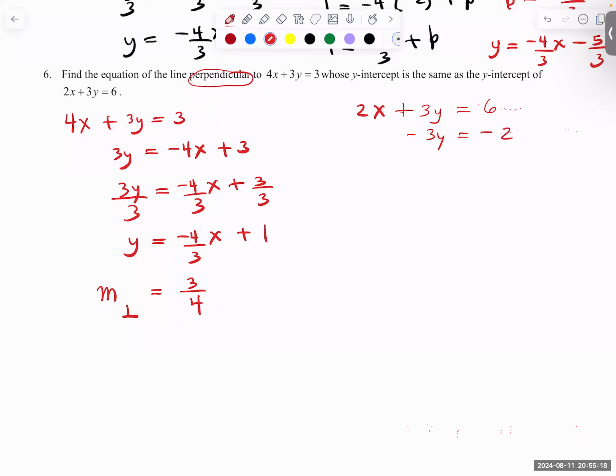So we have 3y equals negative 2x plus 6, and then divide by negative 3, every term.